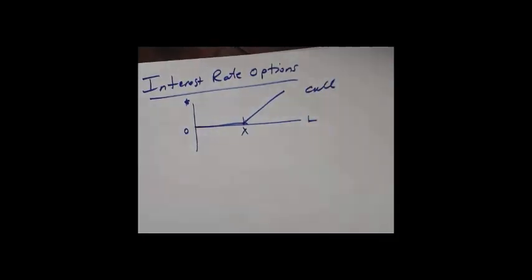Now, like I said, the definition I just read off was kind of formal and a little abstract, because it was saying you have this call option and it gives you the right to flip into a forward rate agreement. That's kind of a strange way of looking at it. What I like to do is look at it this way.